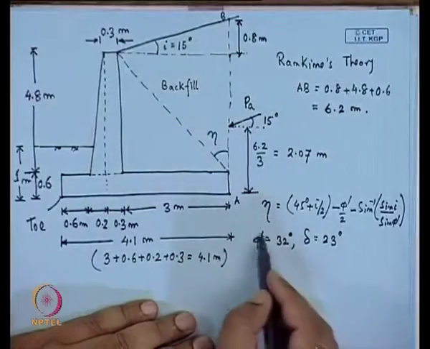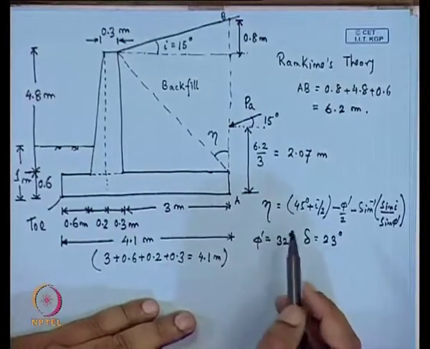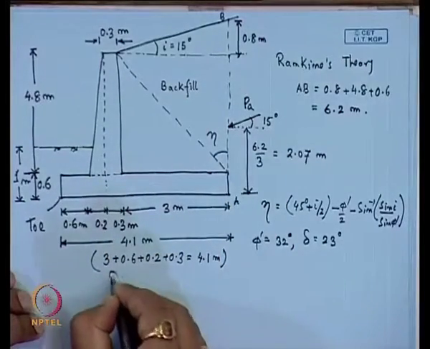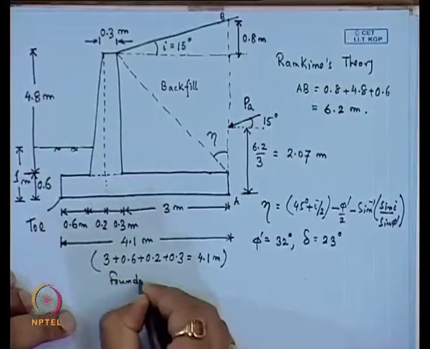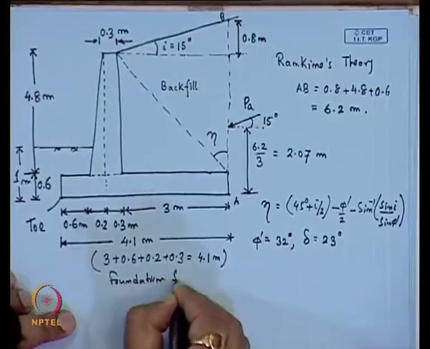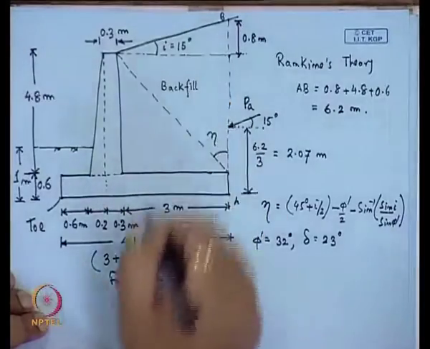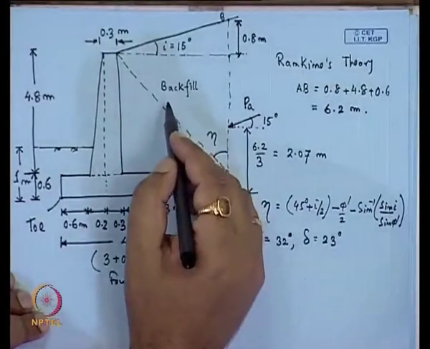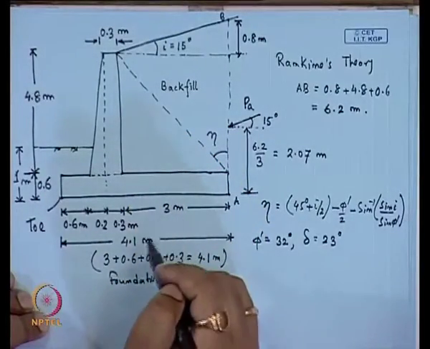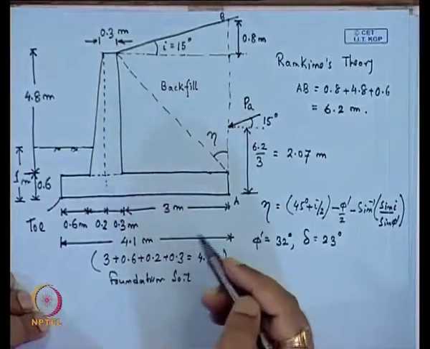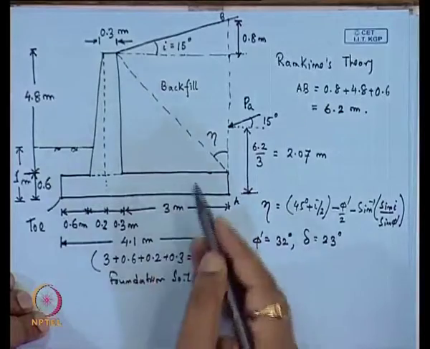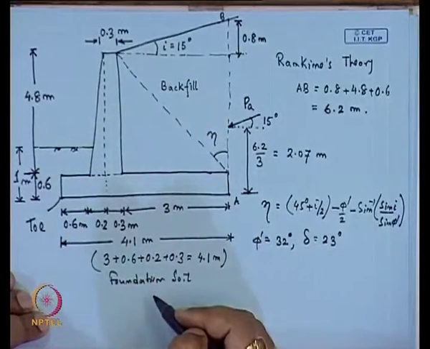For simplicity, it is assumed that this is the backfill and this is the foundation soil, and the properties are the same for both the foundation soil and the backfill soil. But in some cases the properties may not be the same, and in that case we have to consider different properties for different conditions.